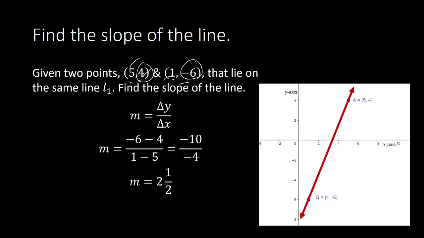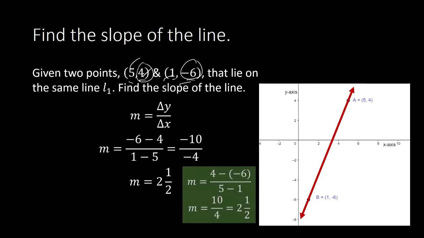And so let us try it. So m is equal to 4 minus negative 6, that's your change in y, divided by 5 minus 1. And so it's equal to 10 over 4 or 2 and 1/2. We got the same results.